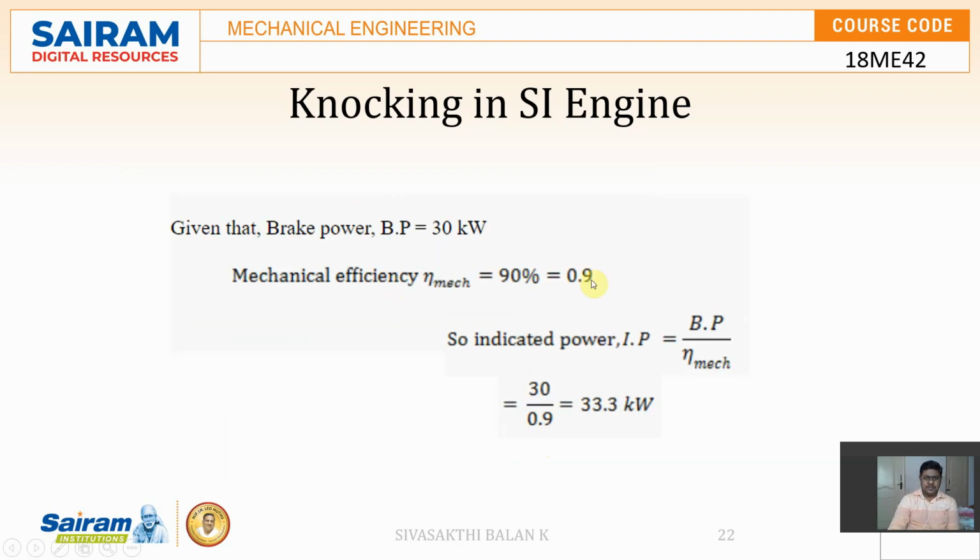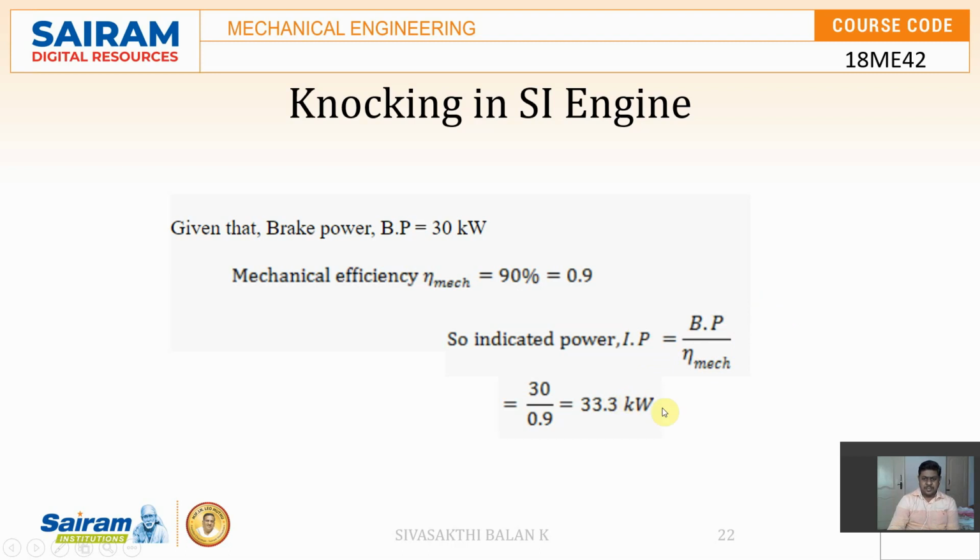And we know the mechanical efficiency is 90%, it is given in the problem, and the brake power is also given. We know that the ratio between BP and IP is nothing but mechanical efficiency. From this we can easily calculate the IP value, because we know the value of BP as well as mechanical efficiency.